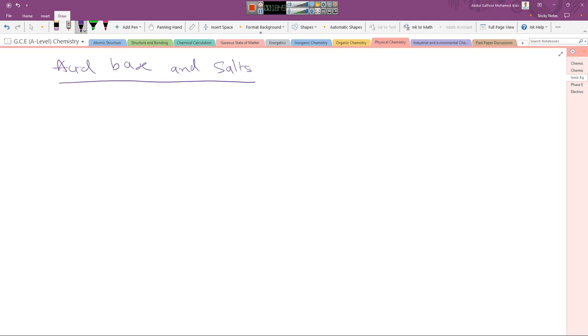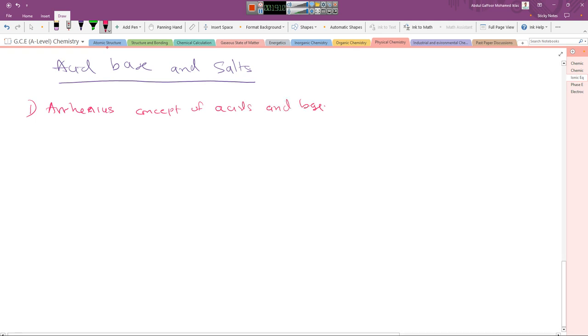So basically we will be talking about three different concepts for acids and bases. The first one is the Arrhenius concept of acids and bases.